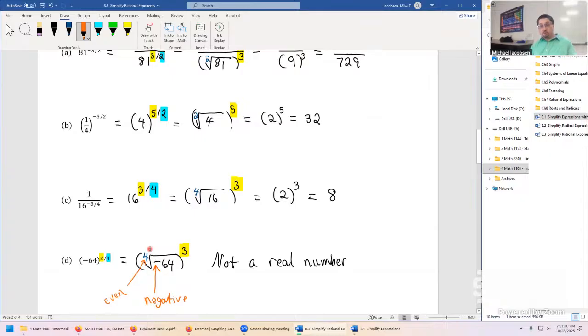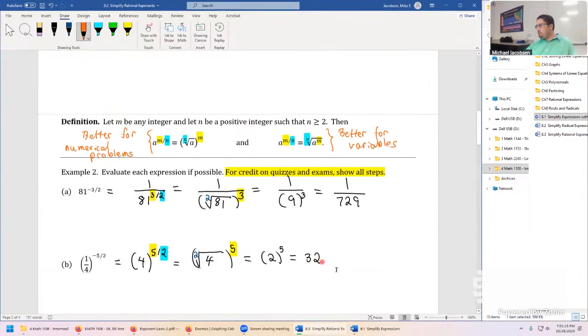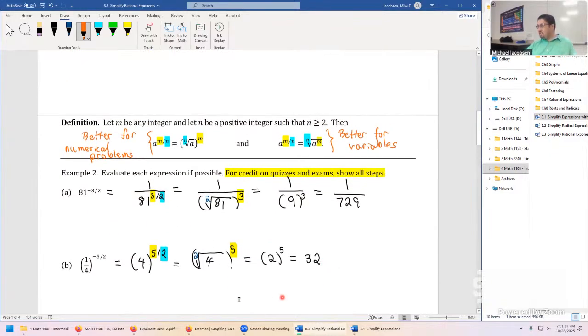Well, any questions at the moment, folks, with simplifying these rational exponents? Okay, let me take a quick screenshot just in case this is not on the next problem.